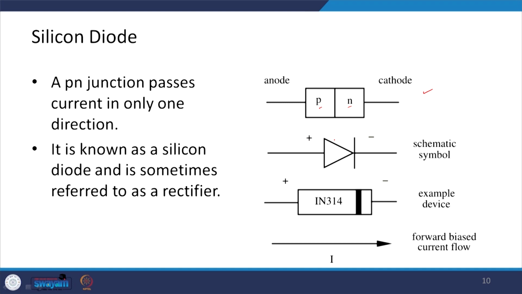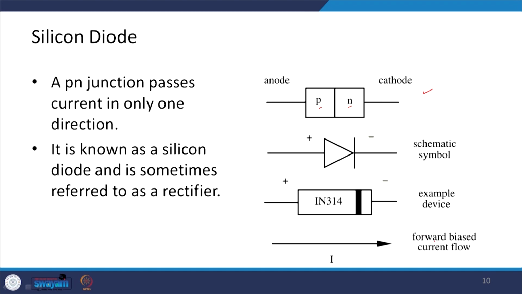On the n side there is a vertical line, and there is a triangle, and the positive and negative are shown. An example device is the IN314 diode.